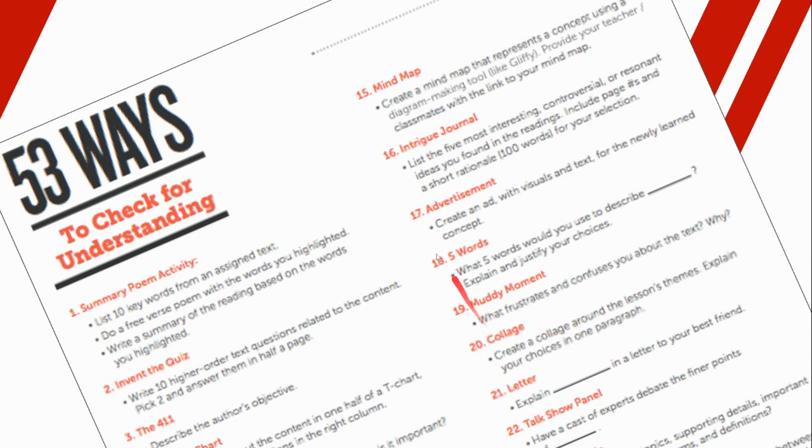I mean, muddy moments, 5 words, 2-word summaries, quizzes that you can invent, summary poem activity, mind mapping, talk show panel discussion, write a letter, creating an ad or an advertisement. So there's tons of ways that we can engage scholars in creative ways in checking their understanding.